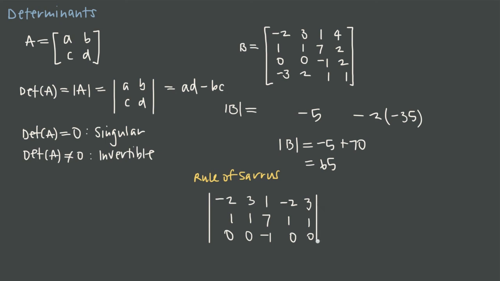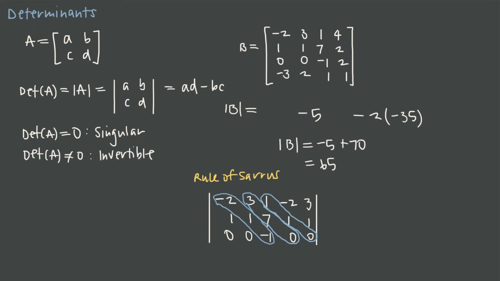Once we have this, we look at the diagonals of this result that we have, starting with the upper left-hand corner. So if we look at this diagonal here of -2, 1, -1, we're going to take that. We're going to take 3, 7, and 0, and we're going to take 1, 1, and 0.